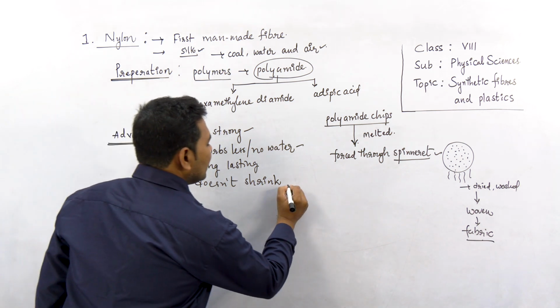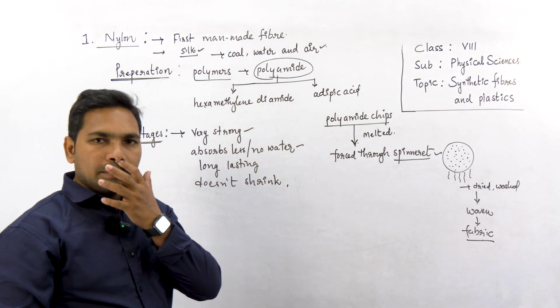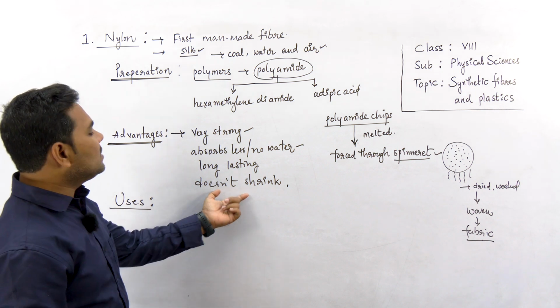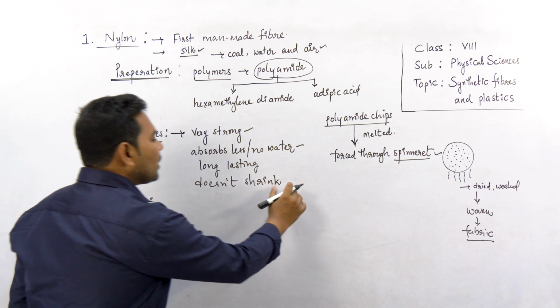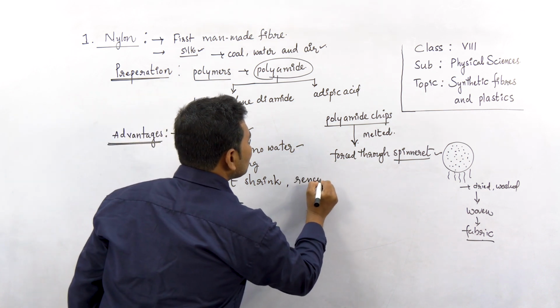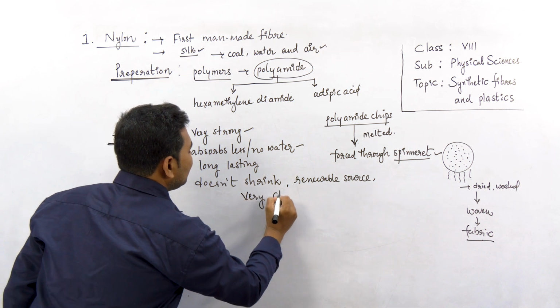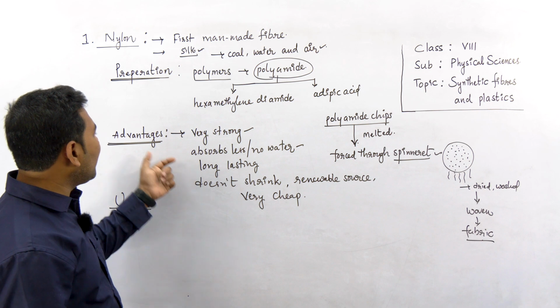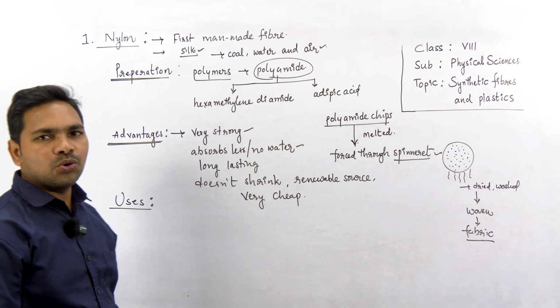Since nylon is made from artificial, man-made sources, it is a renewable source, and it is very cheap compared to natural fibers. These are the different advantages of nylon fiber which made nylon so unique.